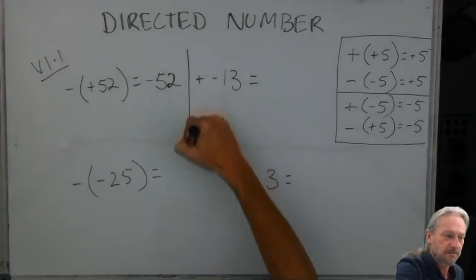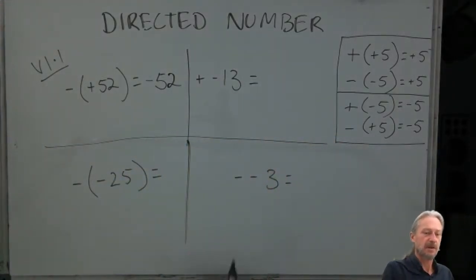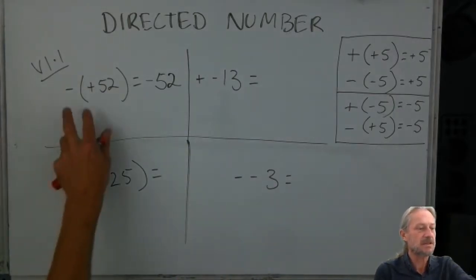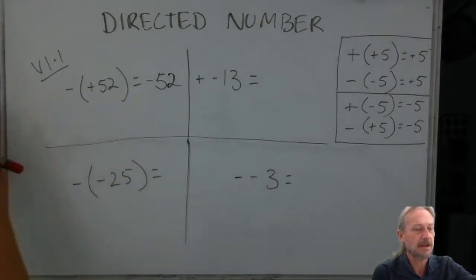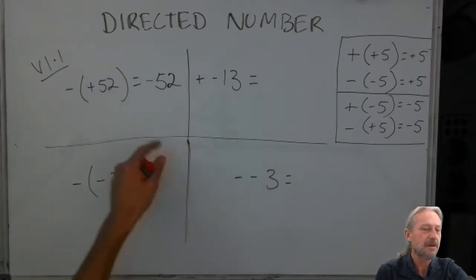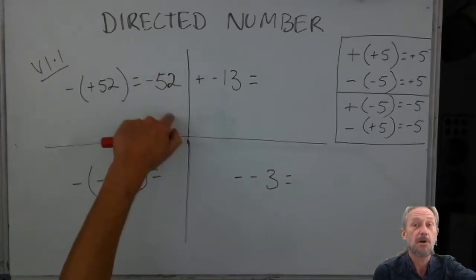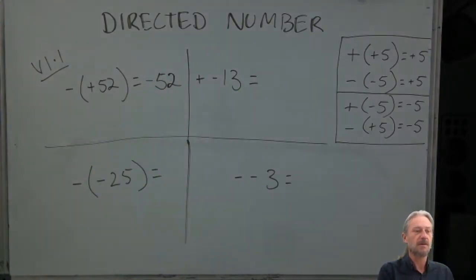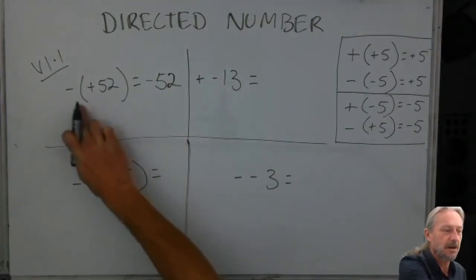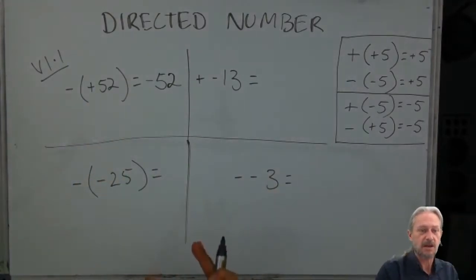Let's just do that so that they're separate. Or if this came in the latter part of an equation, then this would be the same as saying subtracting positive 52. But for now, we're just looking at combining two signs down into one.